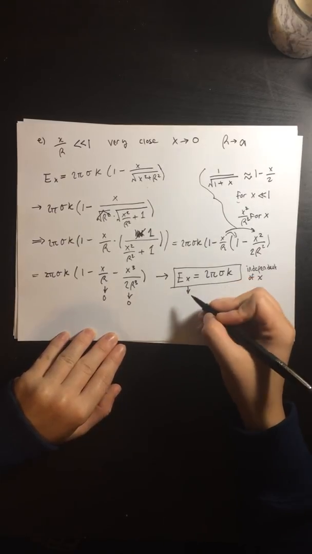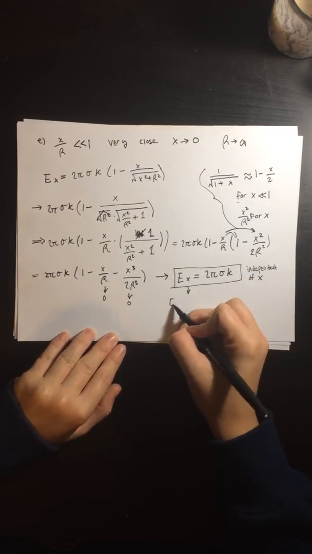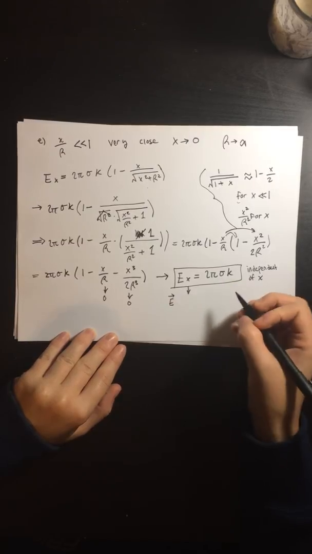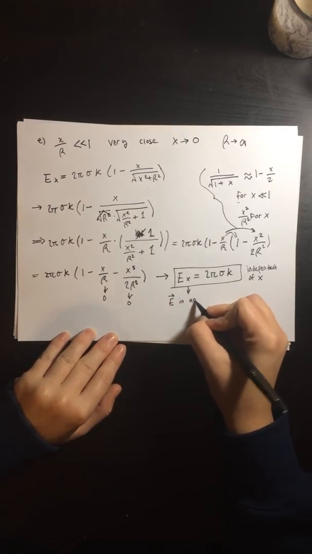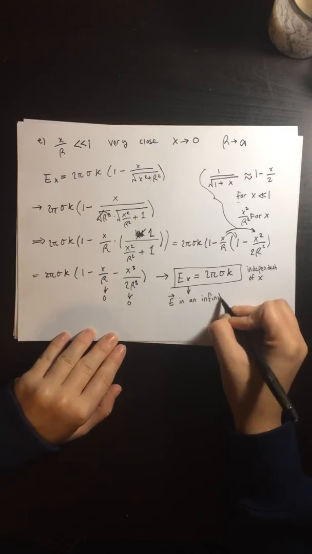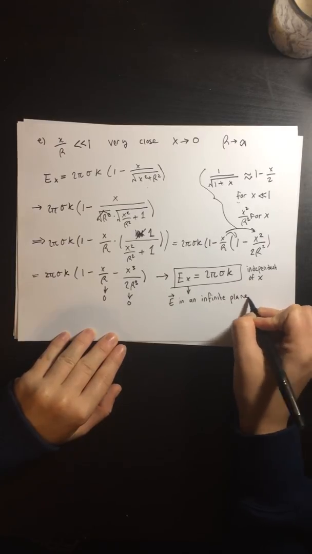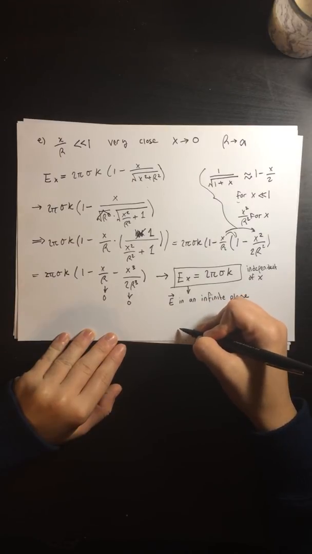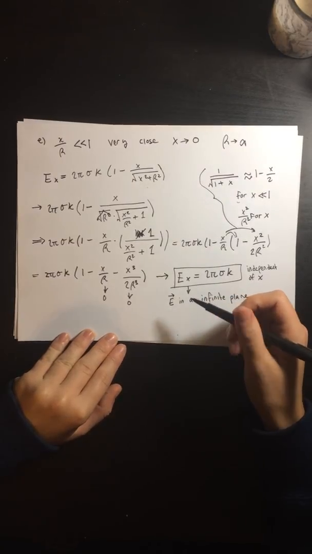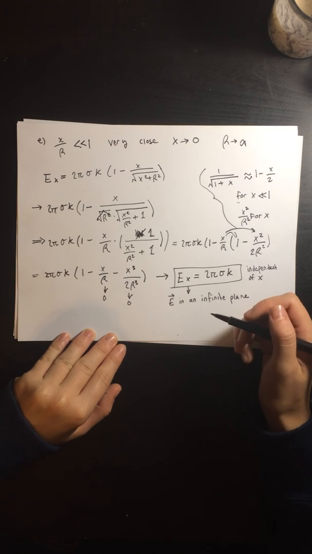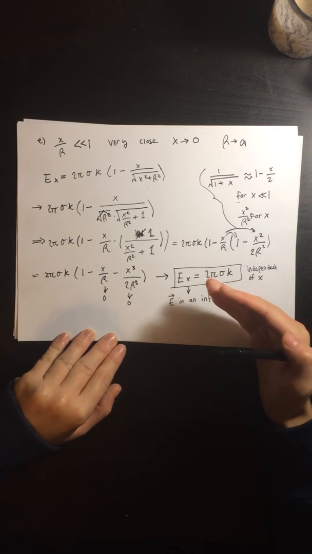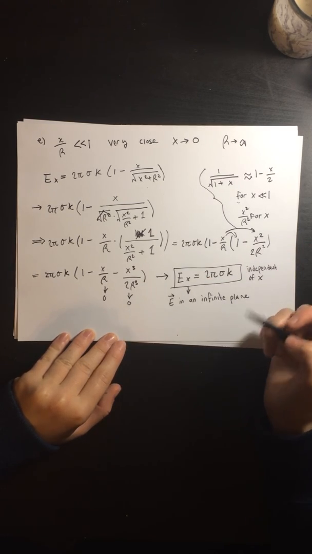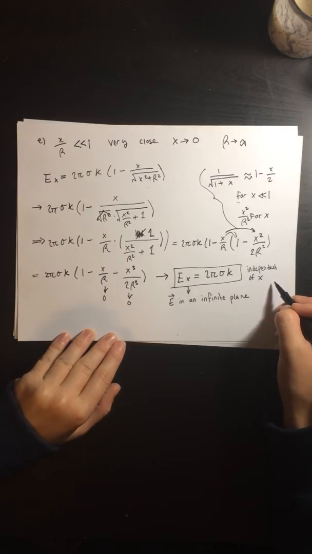Why? Because this is actually the formula for the electric field of an infinite plane. That's what's really interesting about this equation, because if you're so, so close to the disk, then the disk looks infinite because you're infinitely approaching it. So the size of it no longer matters. X doesn't matter any longer.